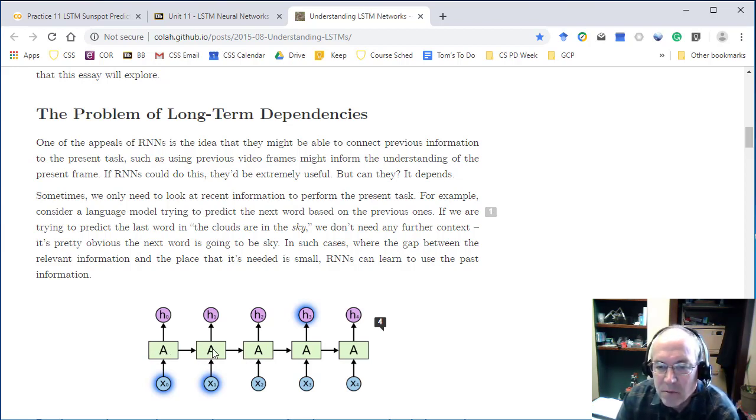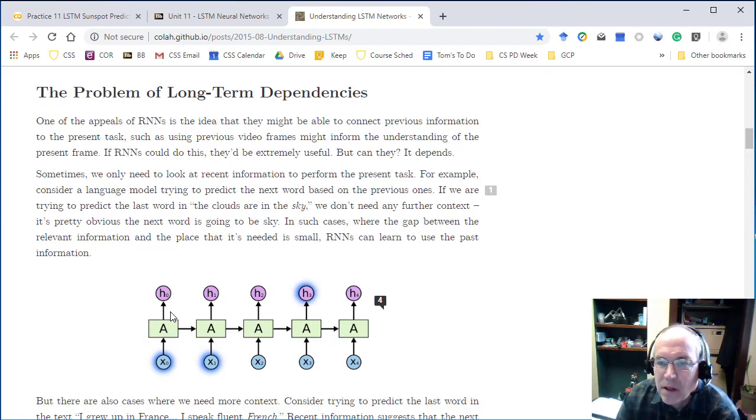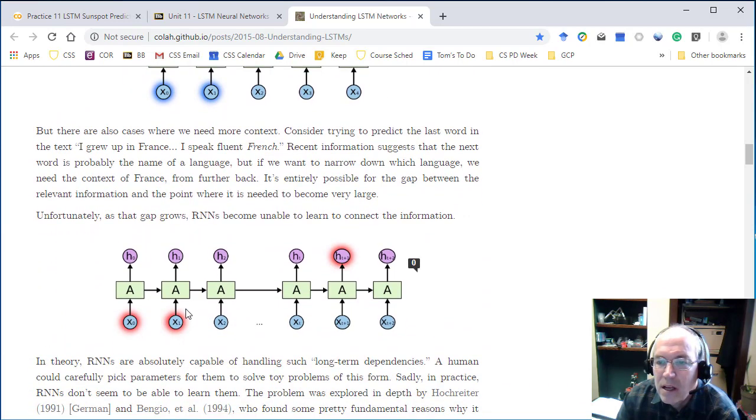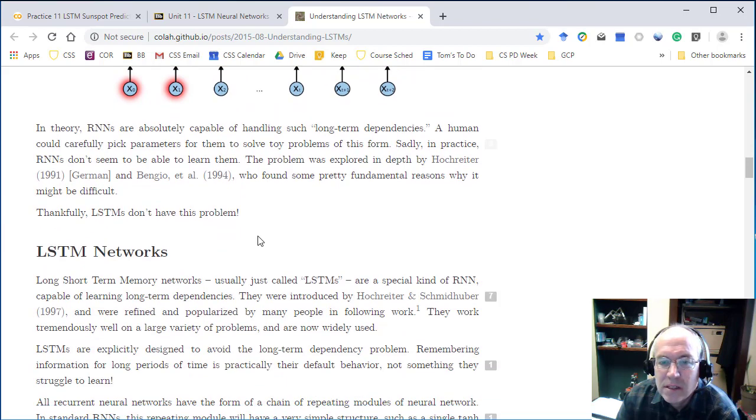Sometimes it's hard to remember what the noun or the gender or the number of an earlier noun is to do the sentence correctly later on. Similar to the movie, you might see some character again, and you have to remember who that character was long ago, or even in a previous series here. So we have this problem with long-term dependencies here. And so you can read through this.